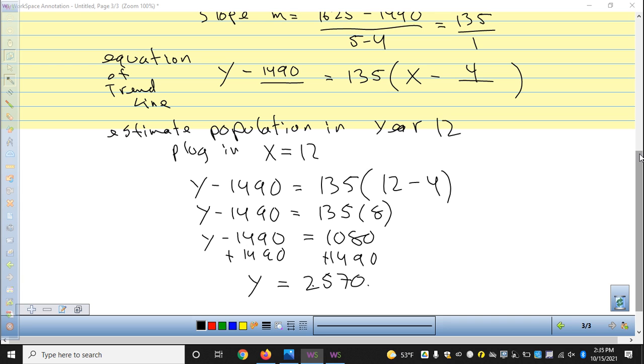Now when I did this problem a different time, when I made my trend line, I had 2 different points on the line, and my estimate came out to be about 2,000. So depending on how you make your trend line, your estimate is going to change. Now there are ways to make your trend line more accurate, but that involves using either a fancier calculator or a computer. And the computer or the calculator will do specific calculations to get the line as close to the data as it can.